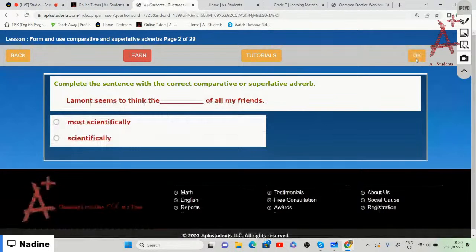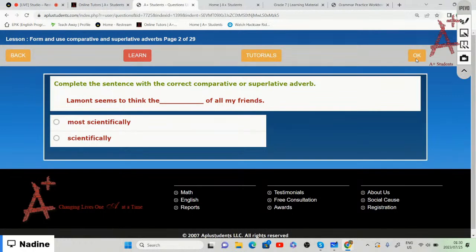Lamont seems to think the most scientifically of all my friends, or scientifically of all my friends.